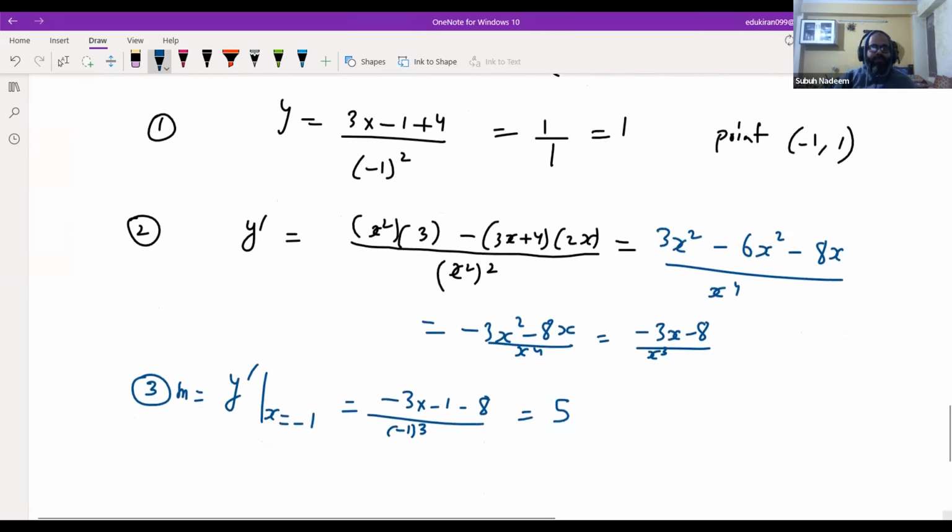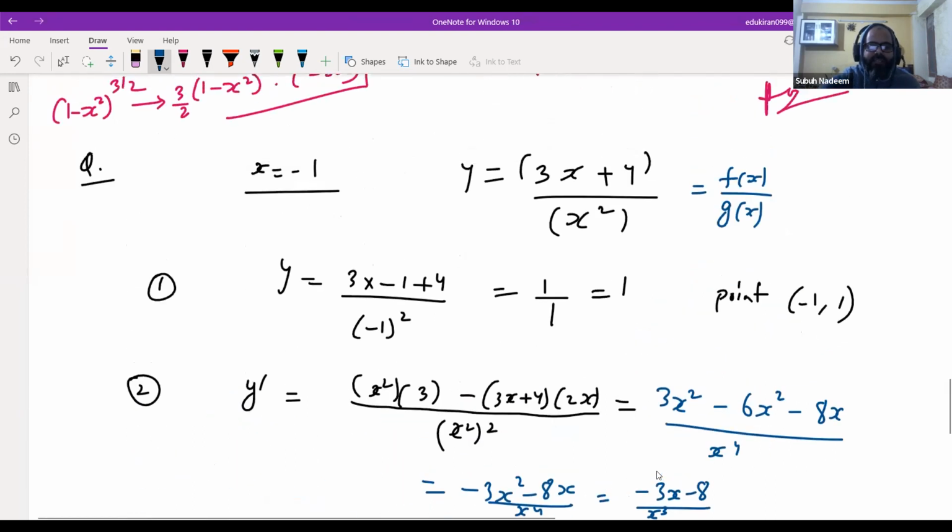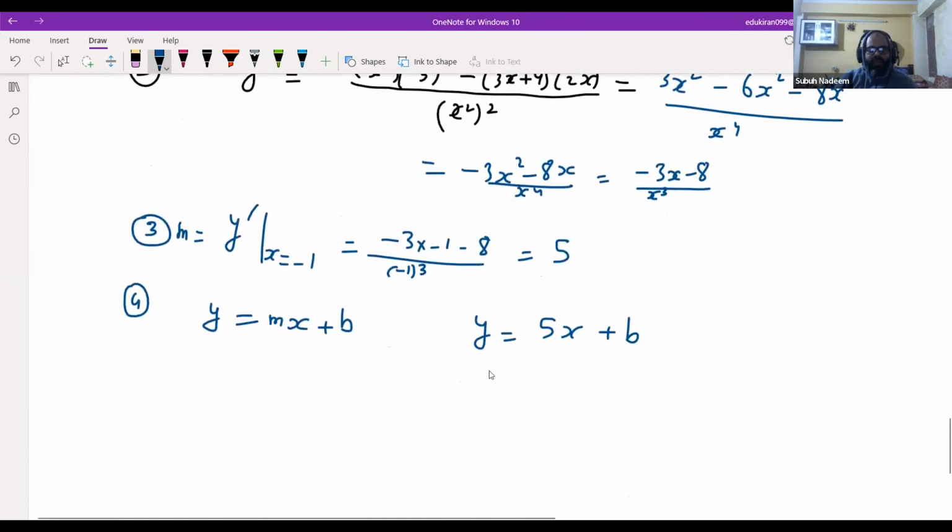In the next step, we take the equation of the tangent y equal to mx plus b, and m is equal to 5. We take 5x plus b, and x and y are minus 1 and 1 that we got from there.